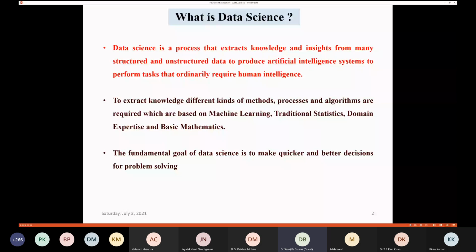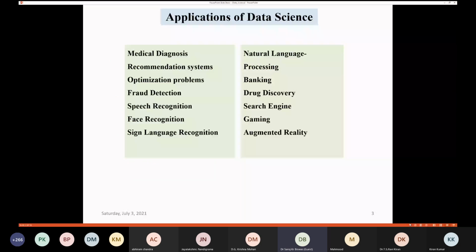Now the next question comes: if we use data science, which kind of problems can we solve? We can solve many different kinds of problems. Nowadays, there is no limit to data science; approximately, we can use it everywhere.